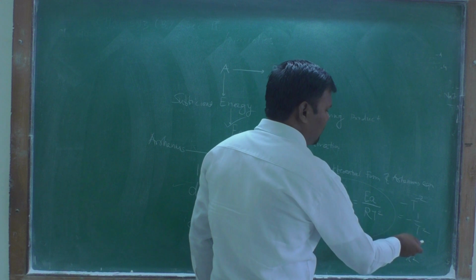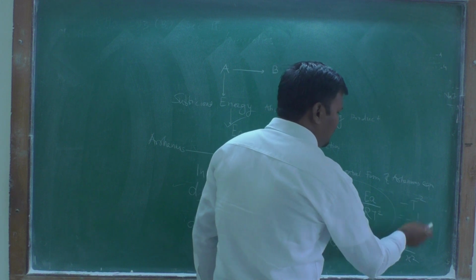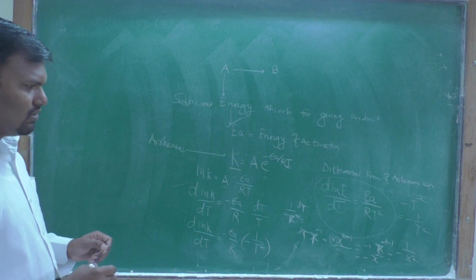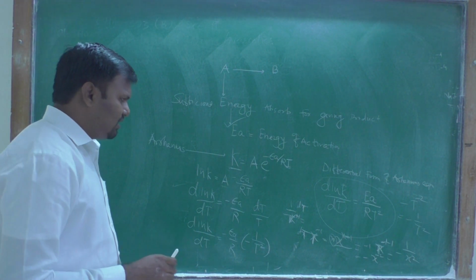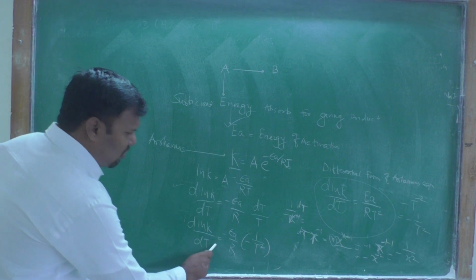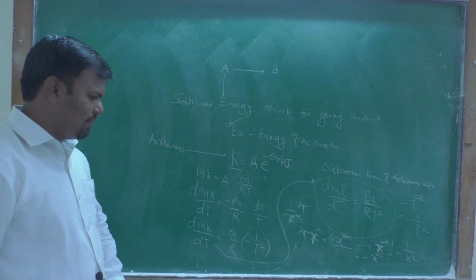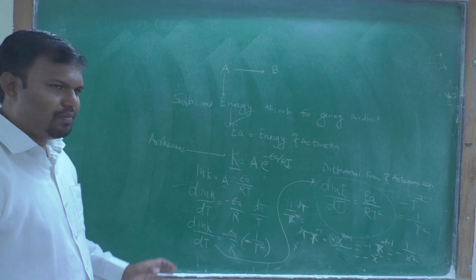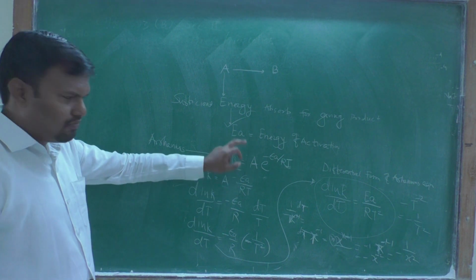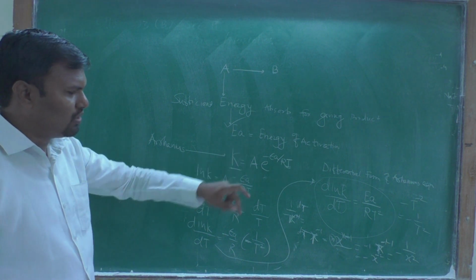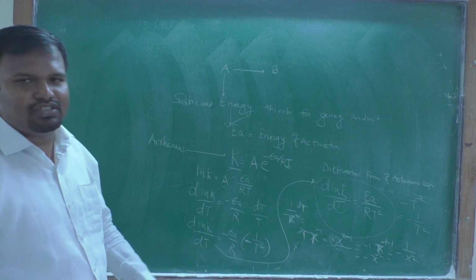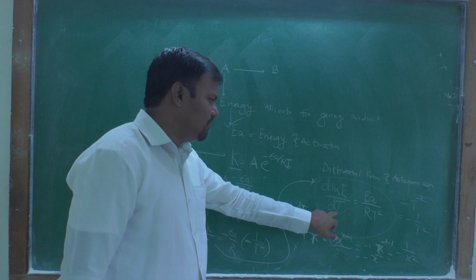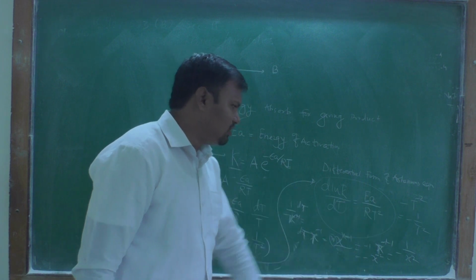Therefore you obtain the differential form of the equation. The negative becomes positive, so from the Arrhenius equation you obtain the differential form d ln k upon dT is equal to Ea upon RT square.